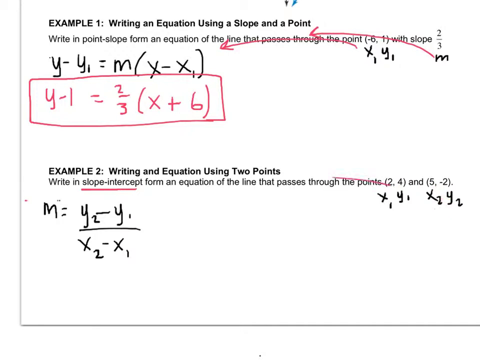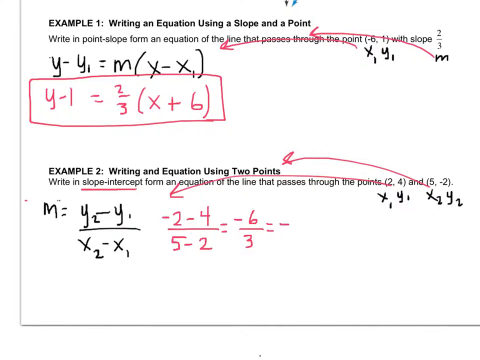So now, again, it's just a question of plugging in the numbers. y2 is -2. y1 is 4. x2 is 5. And x1 is 2. So let me simplify that. -2 take away 4 is -6. 5 minus 2 is 3. And as a final number, that's -2.